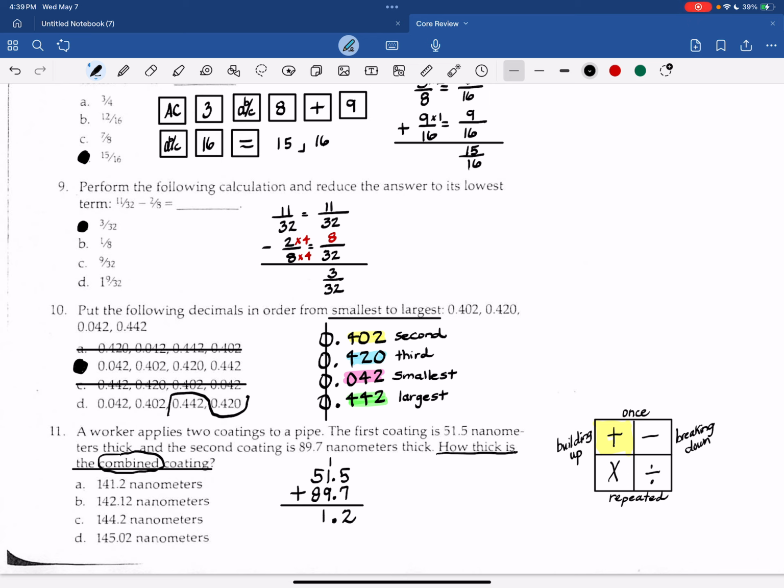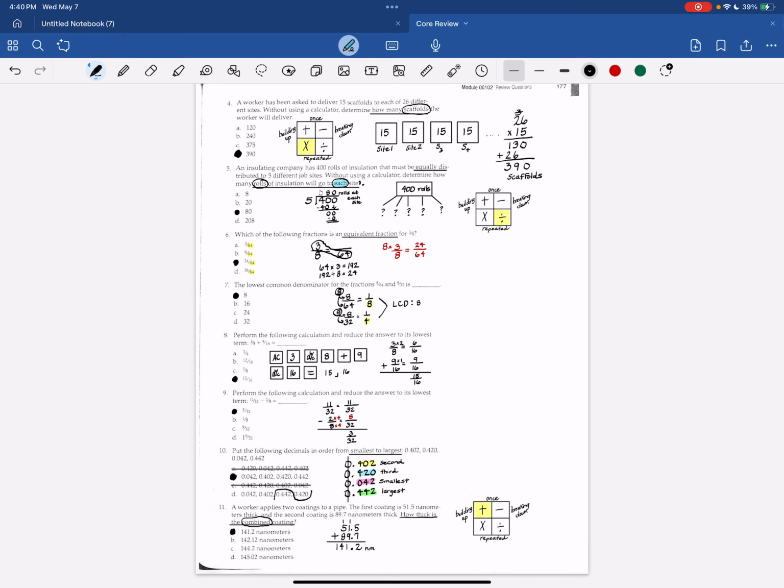That's going to be 11. 13 plus 1 is 14. It did not say to round, so 141.2 nanometers. I like option A for that one. Make sure it fits. Nanometers is what we wanted, and nanometers is what we got.